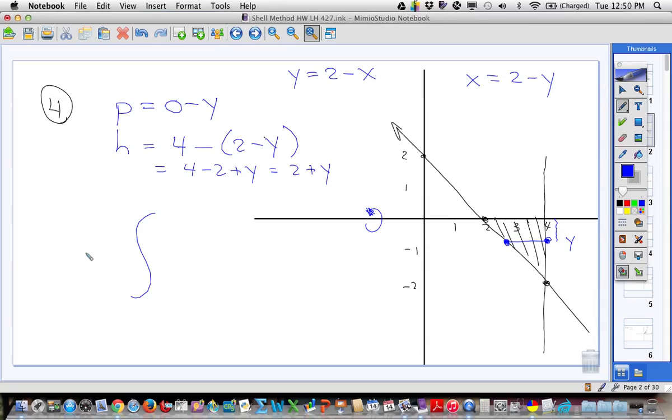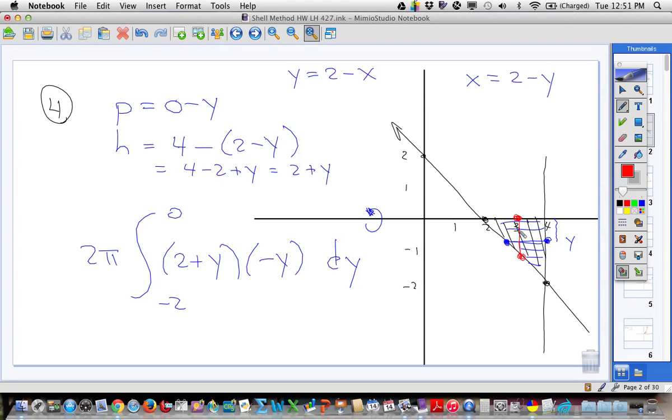That's true. So our shell method is 2 pi times p times h dy, and the strips go from -2 to 0.